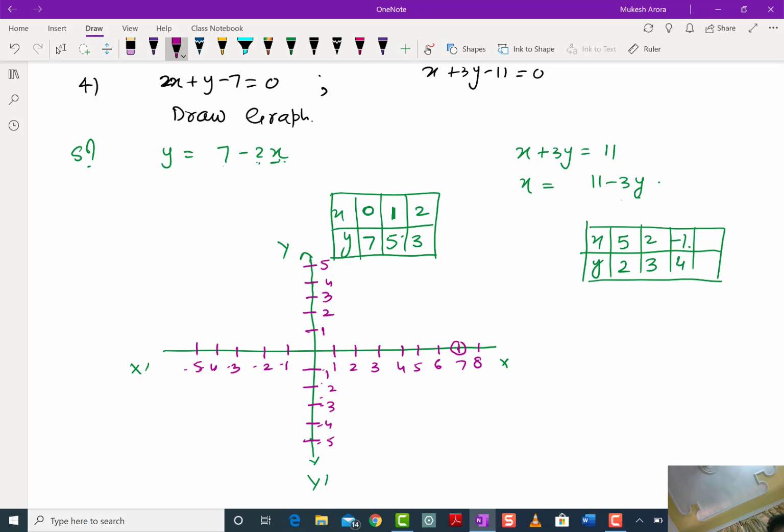x1, y5. x2, y3. x0, y7. Right? So it will be x2, y3.